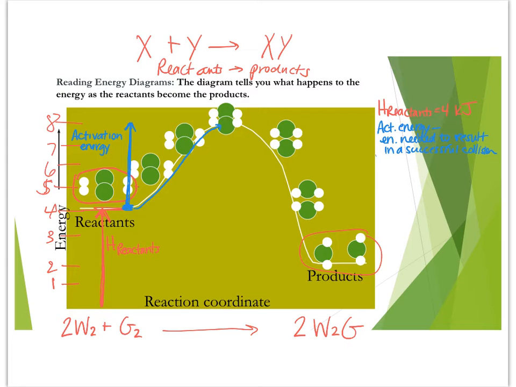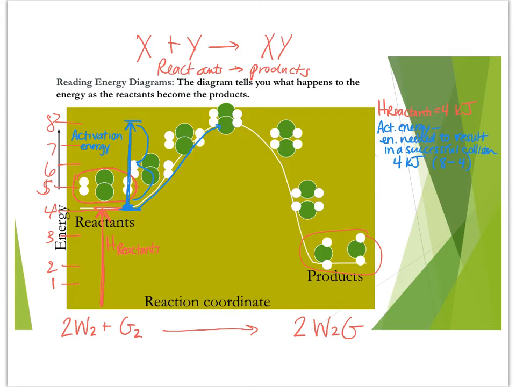So in this graph, if I'm starting at 4 kilojoules and I'm topping out at 8 kilojoules, the activation energy would be an additional 4 kilojoules. So again, the way that I figured that out was the top of the hill minus where I started. Okay, so that's the amount of energy that had to be added to get them to do something.